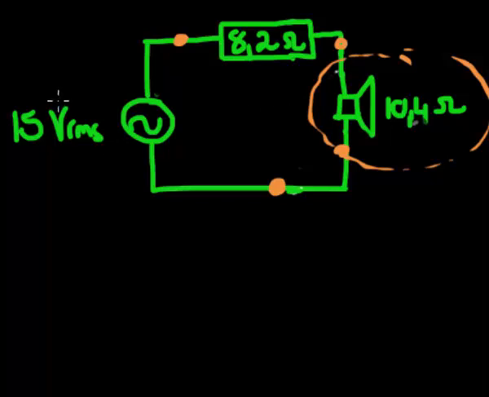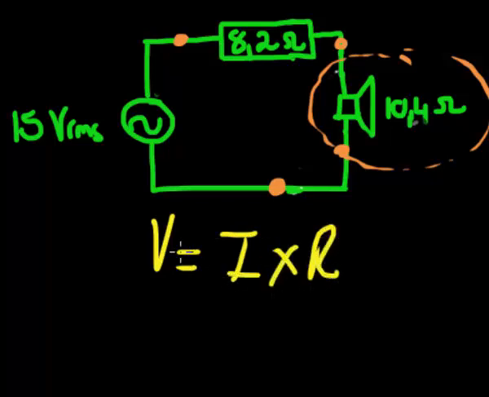You would know that we've got the RMS value here for the potential difference, but that is for the whole circuit combined and does not only go over the speaker. So we're first going to calculate the current running through the circuit using V is equal to I times R, and we obviously will be using our RMS values for the potential difference, which means we'll end up getting the current value also RMS.